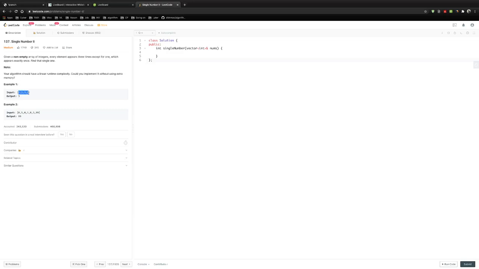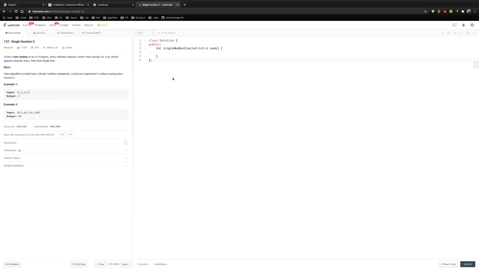For example, here is the array 2, 2, 3, 2, and 2 appears 3 times, so the single number is 3. For example 2, we can see that 0 and 1 both appear 3 times, only 99 appears 1 time, so 99 is our single number, and we need to print it out.